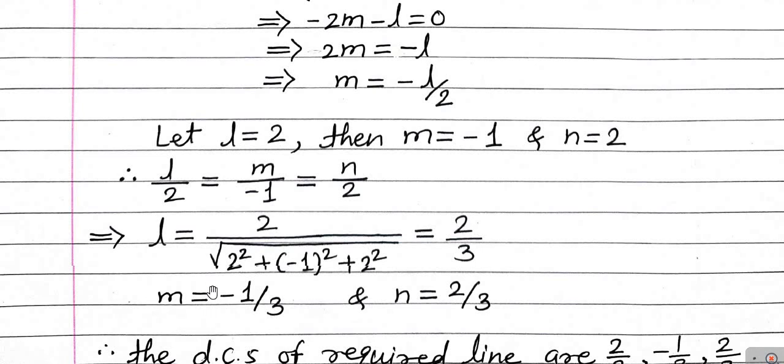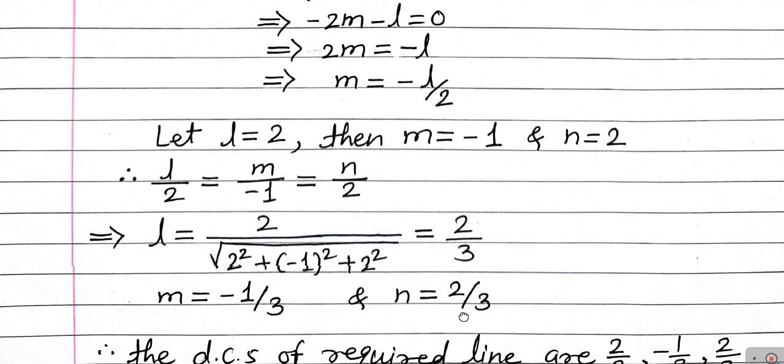Similarly, M will be equal to minus 1 upon under root of 2 square plus minus 1 square plus 2 square, which is equal to minus 1 upon under root of 9, that is equal to minus 1 by 3. And finally, N will be equal to 2 upon under root of 2 square plus minus 1 square plus 2 square, which is equal to 2 upon under root of 9, that is equal to 2 by 3.